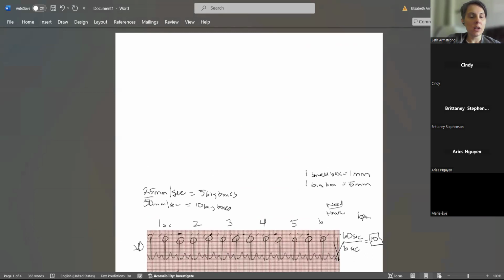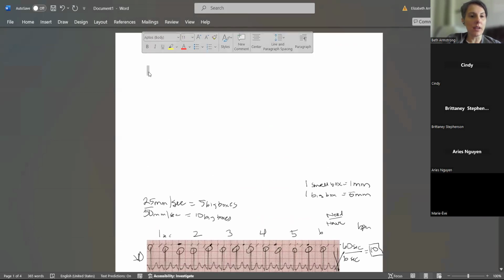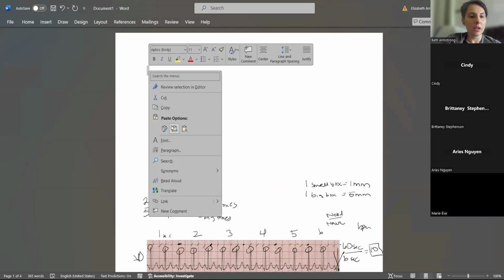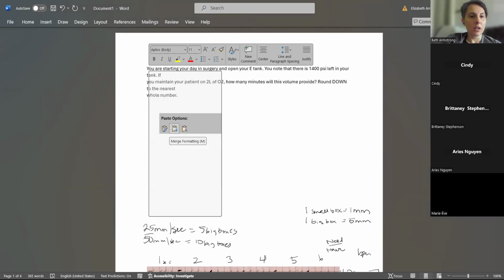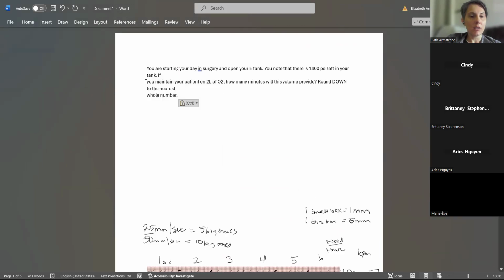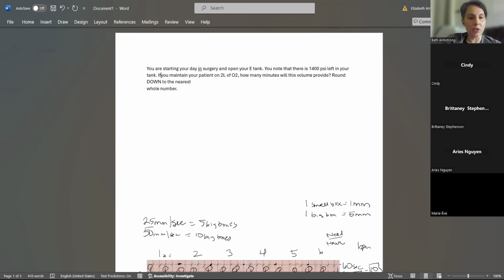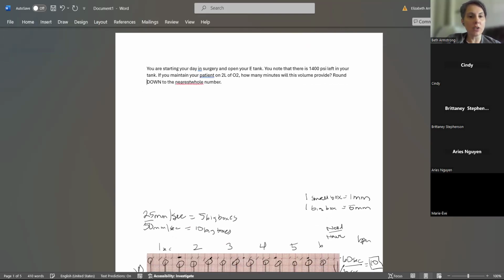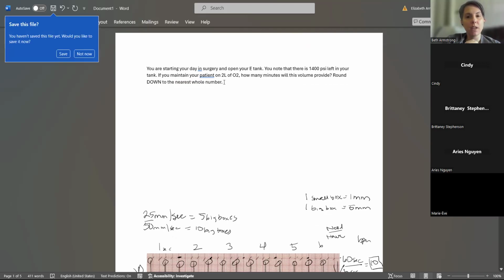So if I have a tank of oxygen, we have to know how much oxygen we have left in our tank so that we know when to change it, right?